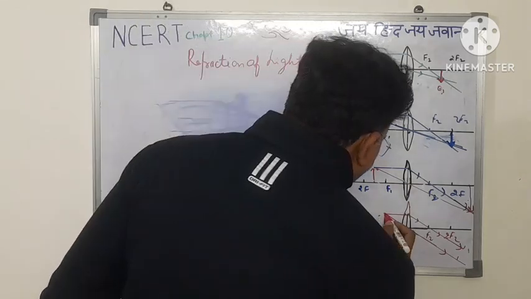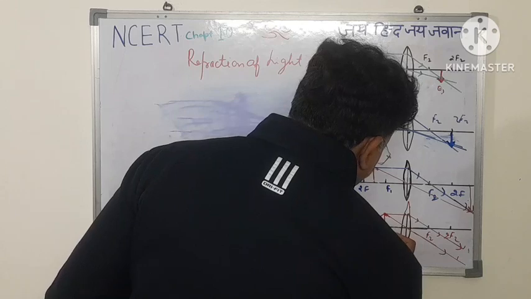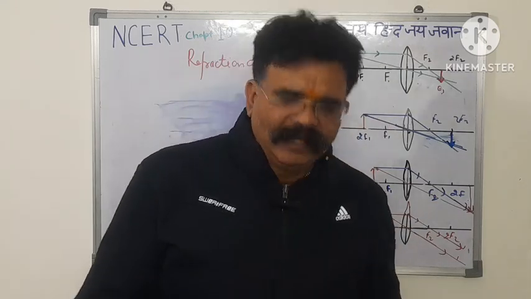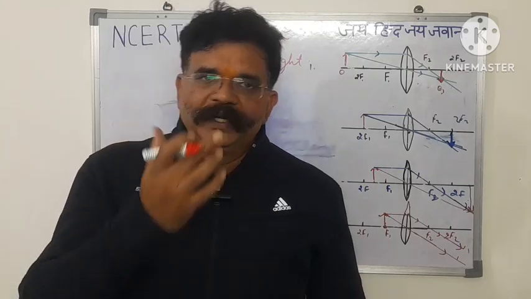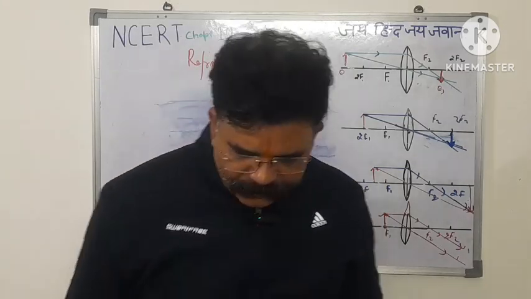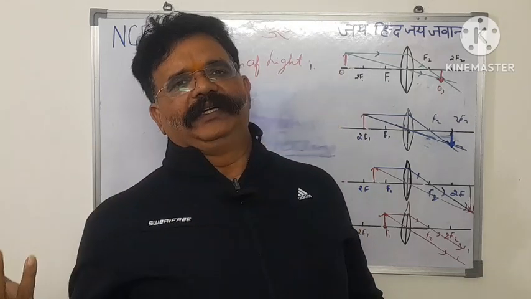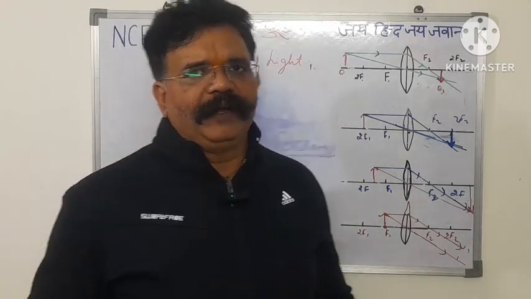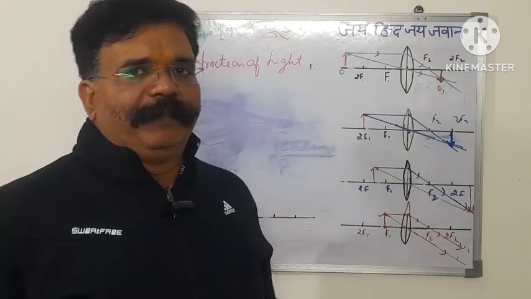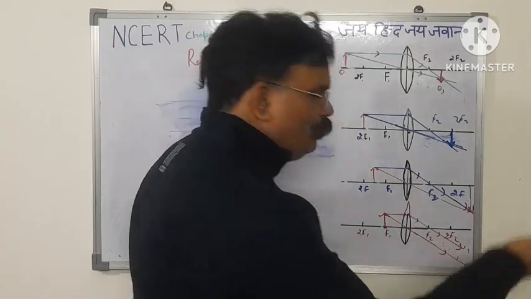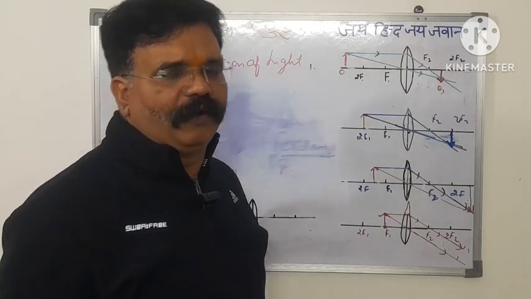So, if an object is kept at the focus point of a convex lens, the image will not be formed. You take one convex lens and try to keep any object at its focus, you cannot see it. A totally blurred image comes, because the rays are going to infinity. They will never meet, so the image will not be formed.